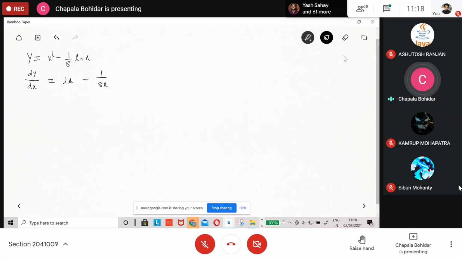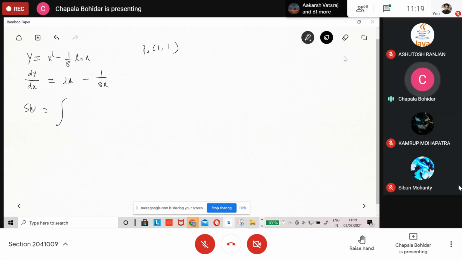Arc length function means it is your S(x) is equal to integration from a to x. The starting point is given here as P0, 1, 1.